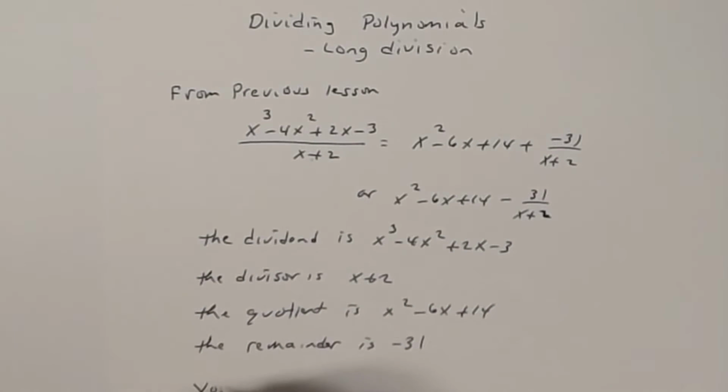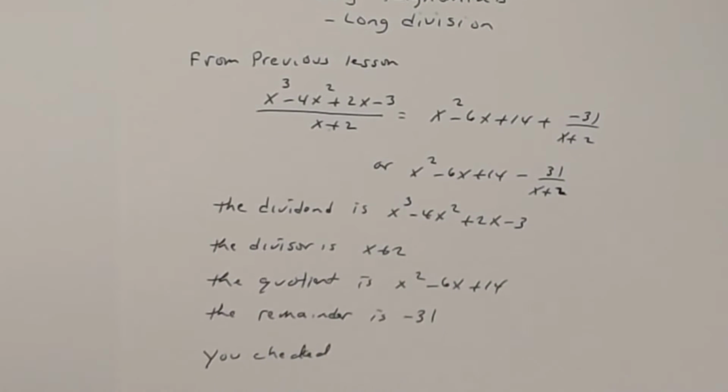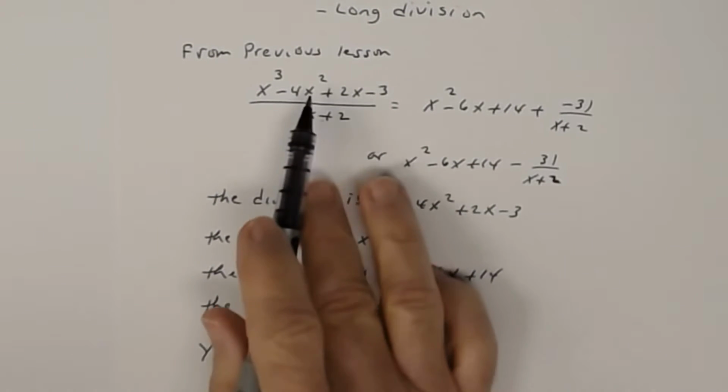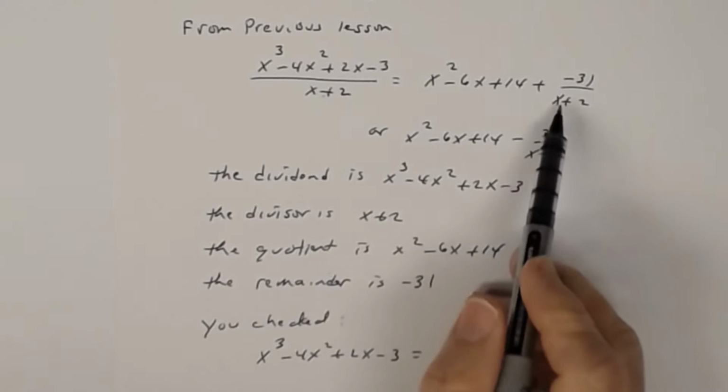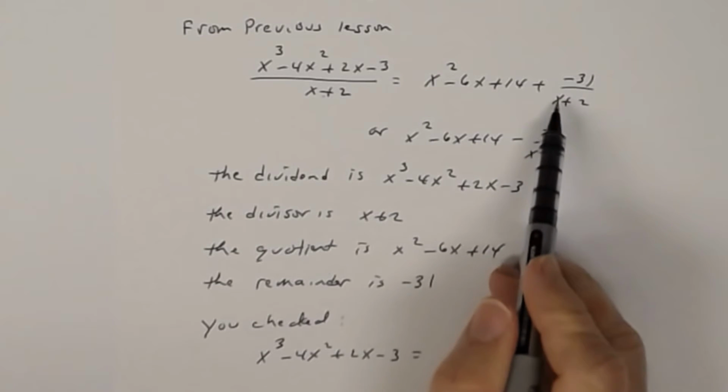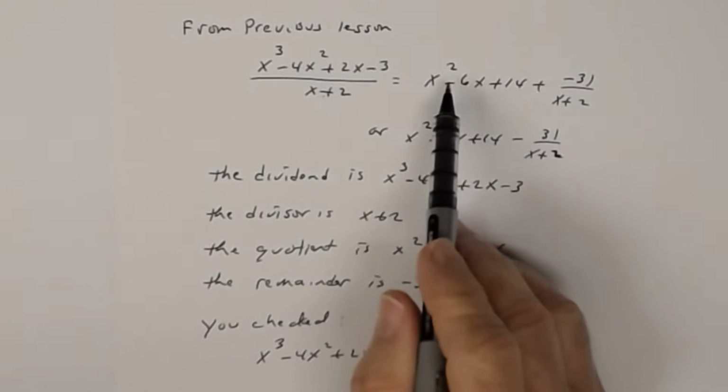When you checked, we ended up with this. We said it'll be the dividend, which is x cubed minus 4x squared plus 2x minus 3, equals, and what we did was multiply the divisor by the quotient.